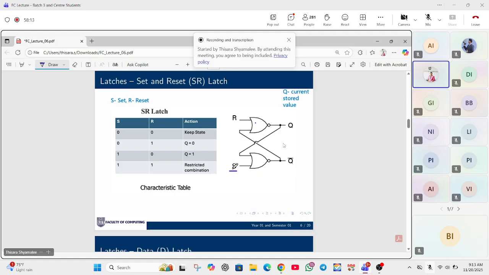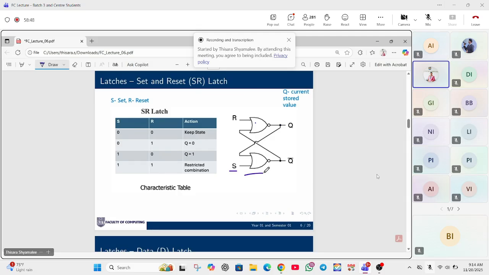One input is S, and the second input is the output of the first NOR gate, the top NOR gate.